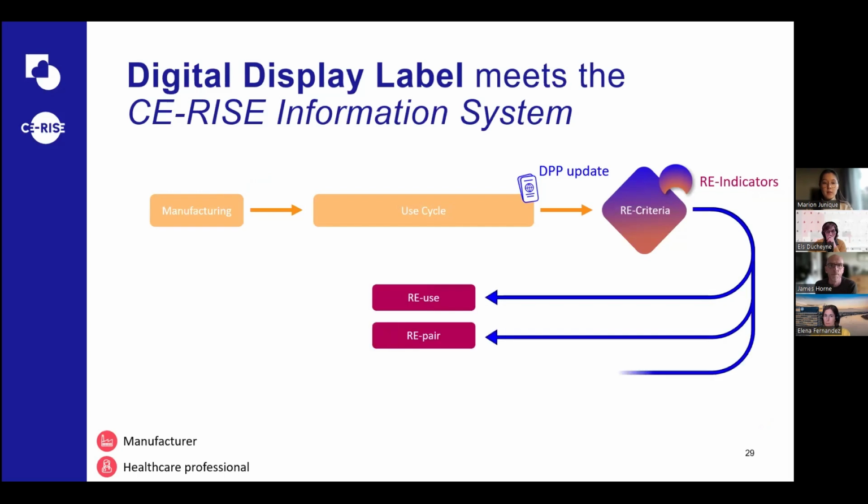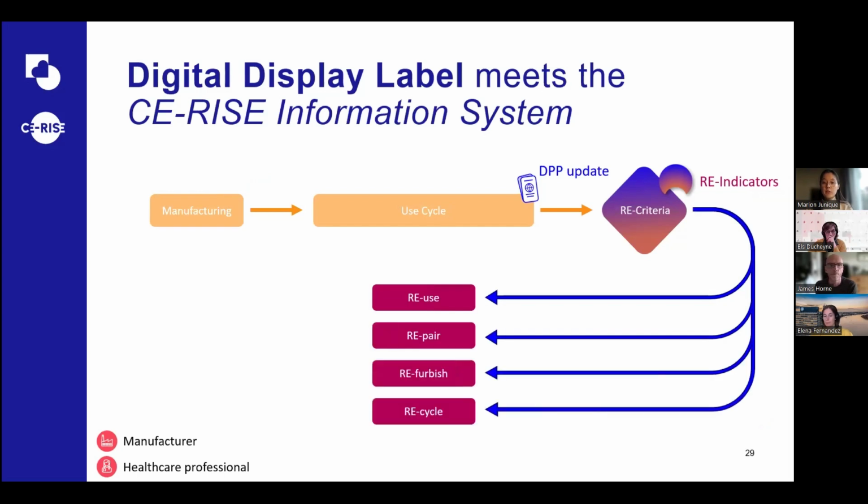And then based on the performance of these RE criteria, the CRI system will suggest if the digital display label should follow, for example, the reuse, repair, refurbish, or recycling strategy. Of course, this is informative, and the manufacturer can decide which R strategy is the best for him.